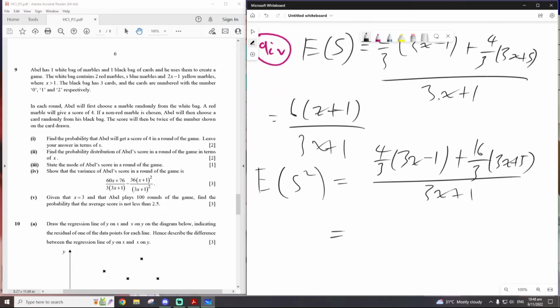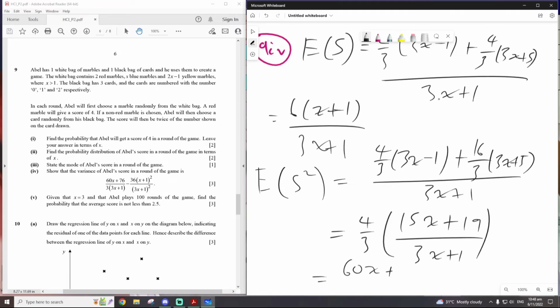So this is 12x plus 20, so 15x plus 19 over 3x plus 1. Oh, and then we multiply in. So we get 60x plus 76 over 3 times 3x plus 1.